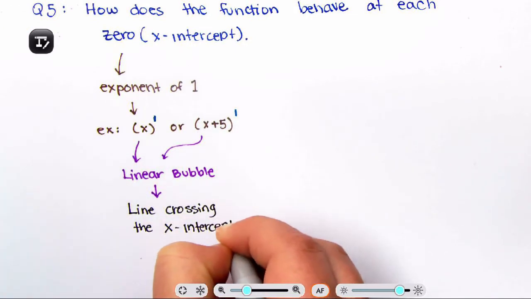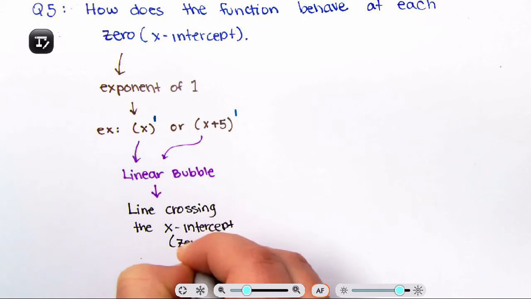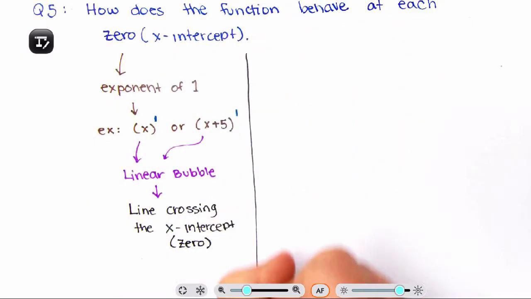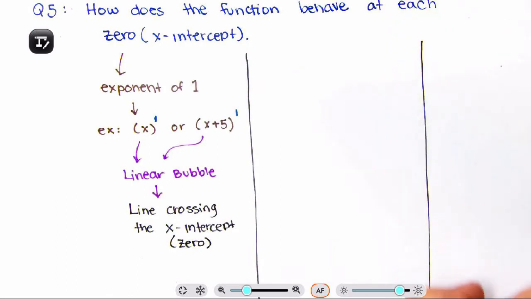And again, x-intercept is just your 0. So if you have an exponent of 1, you have it crossing.